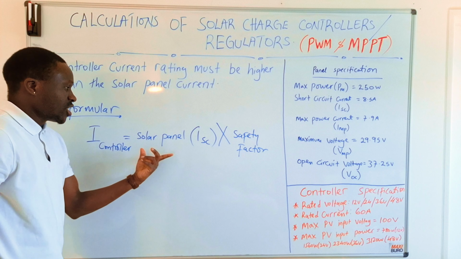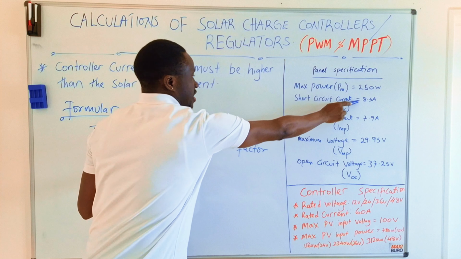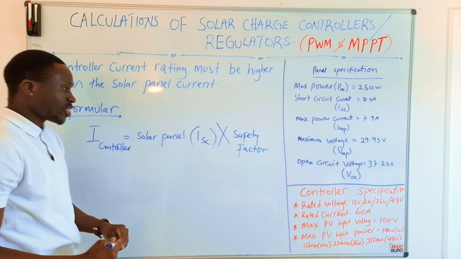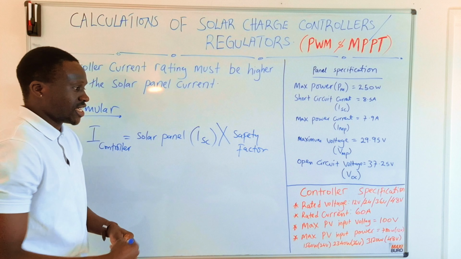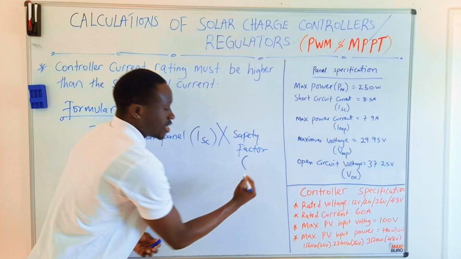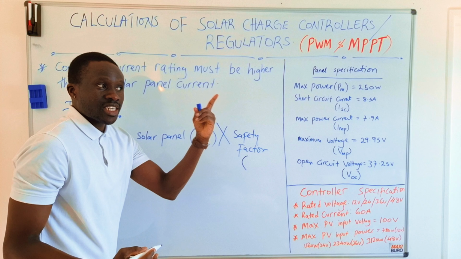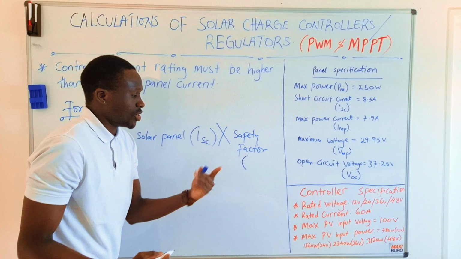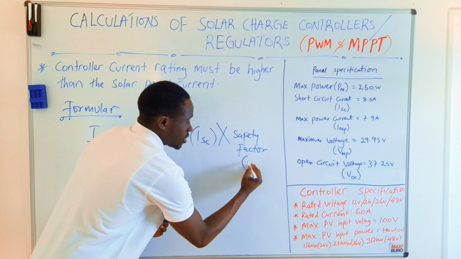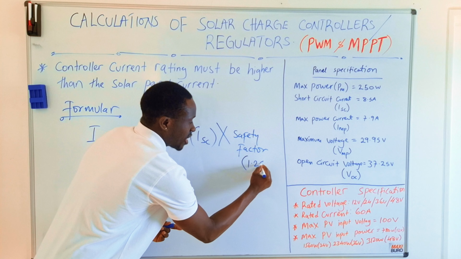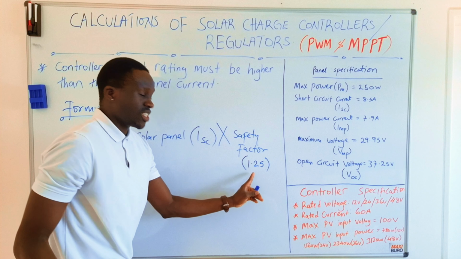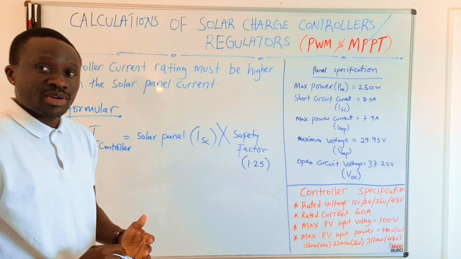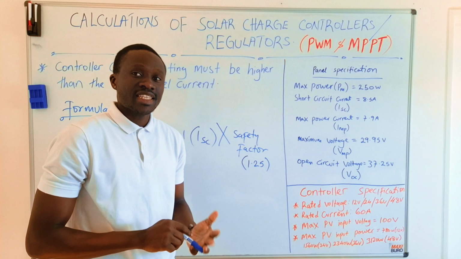You get your short circuit current times the safety factor. You remember I told you the other time about marginal safety. Let us call it a safety factor today, and it will be 1.25. When you're calculating a panel, you need to apply the safety factor.